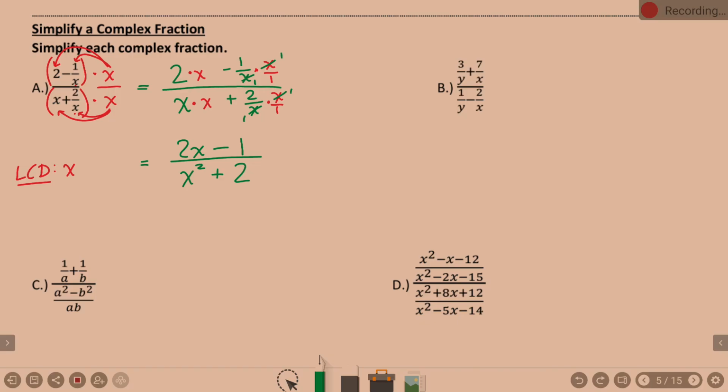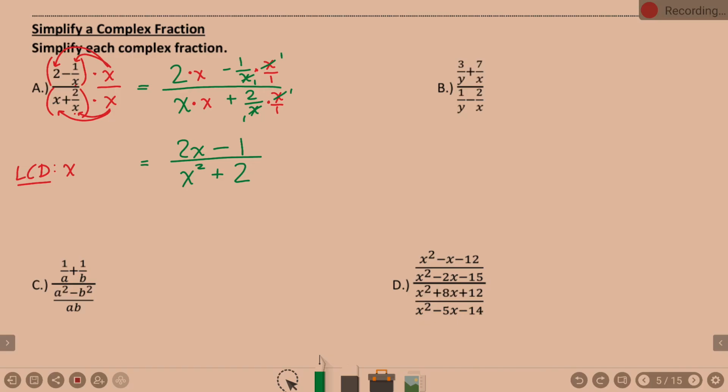Okay. Well, first of all, does that look a lot neater? Your first and main goal is to get this so we no longer have fractions within fractions. Your next goal is what we've been doing last lesson, this lesson. Is there any factoring and reducing we can do?